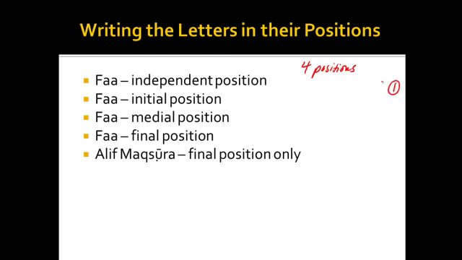And so the independent position here, the Faa will look like this. In the initial position, the Faa will look like this. Don't forget the dot. In the medial position, the Faa will look like this. And in the final position, the Faa will look like this.